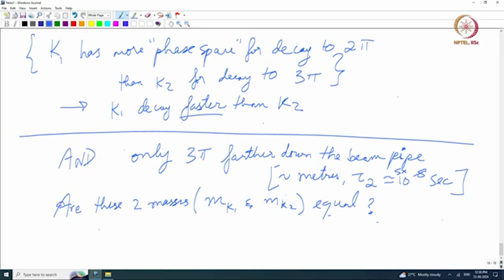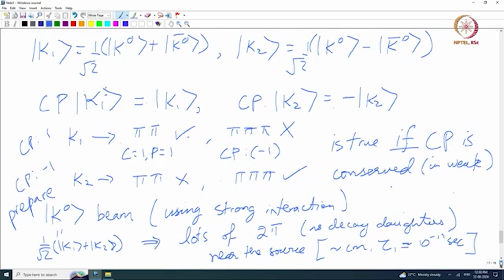Why is that? Because if I apply a charge conjugation on K1, that does not give me K2, right. Let us go back to this. So we have K1 as K0 plus K0 bar. If I apply C on that, I recover K1 only. I do not get K2, because K2 has a minus sign in it.